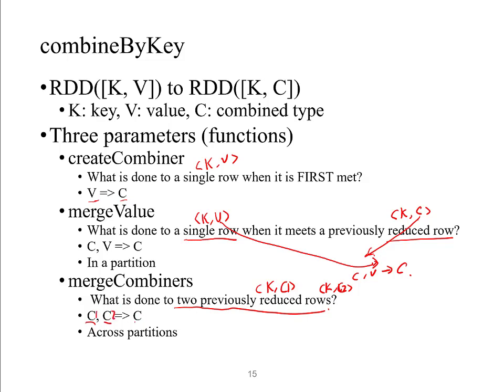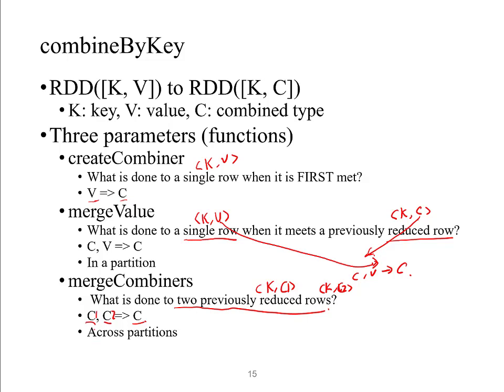Here we have C1 and C2, and the output is C. Please note that merge combiners happens across partitions. Within a partition, you use merge value to merge the rows together.